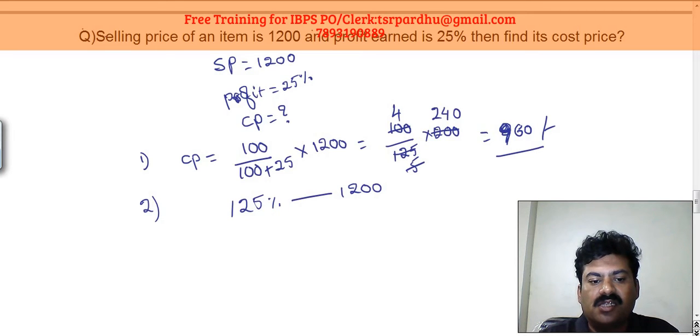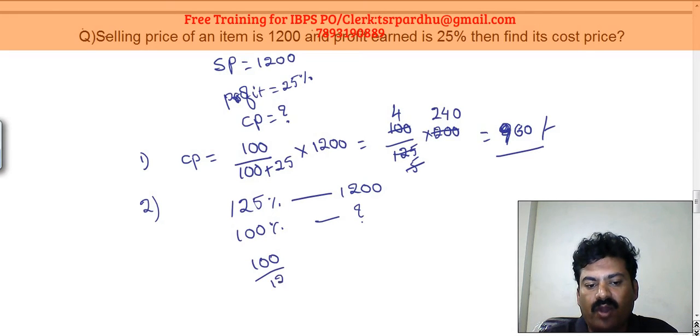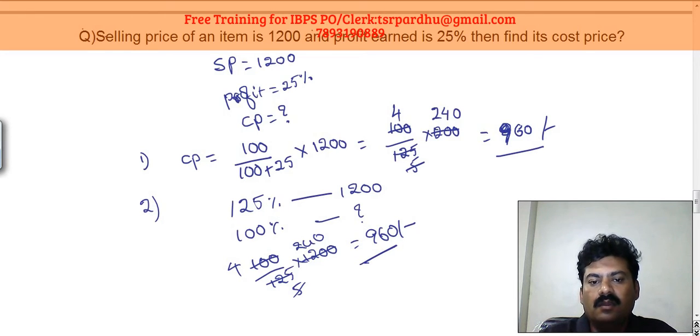Now our cost is 100 percentage is how much? Now we can go for 100 by 125 into 1200. Okay, in this case it is a 4 times, it is a 5 times, 5 to 40 times, a total 960 is the answer for this. Either formula or else we can go for a simple chain rule.